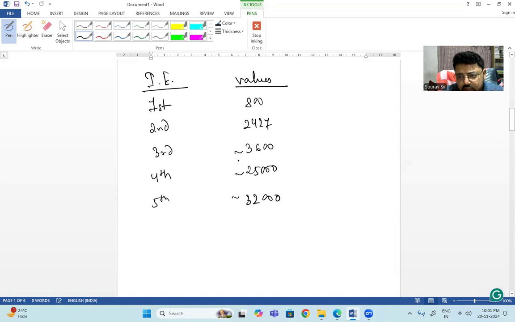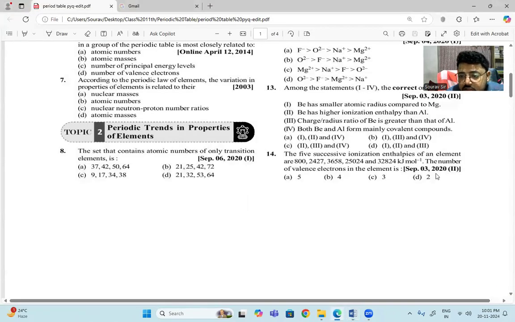I'm not writing the actual data, I'm just giving you an example. So now the question is, how many valence electrons does this element have?